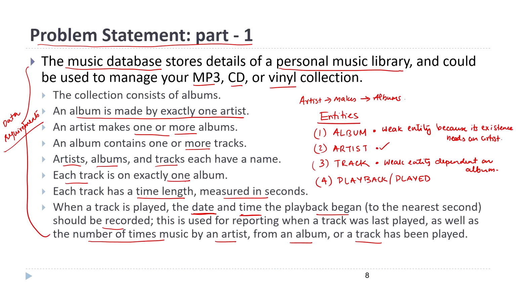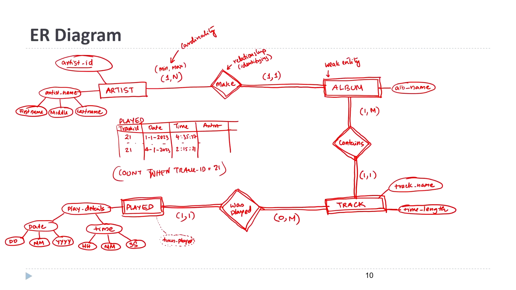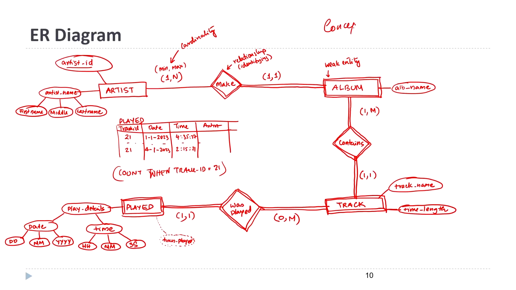From there you identify the entities. From the entities you identify the relationships, and then use the constructs of the ER diagram to create the database, the conceptual design. So, this whole thing is the conceptual design of your music database.